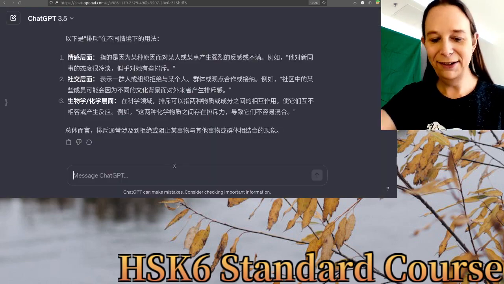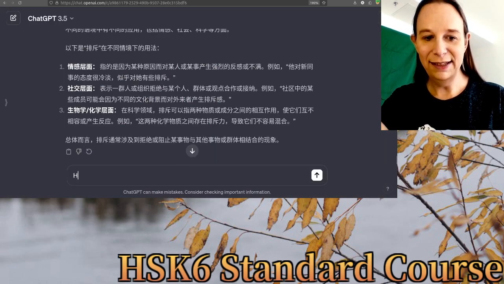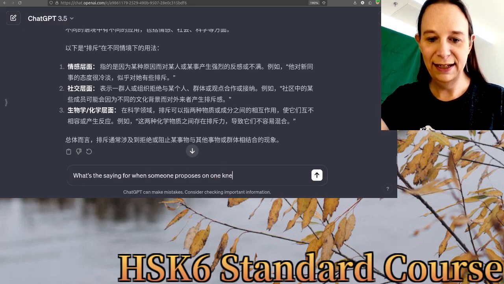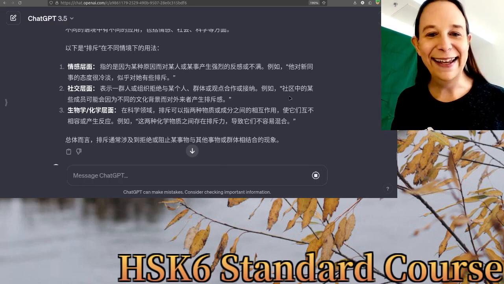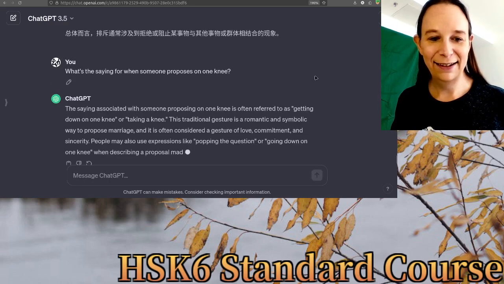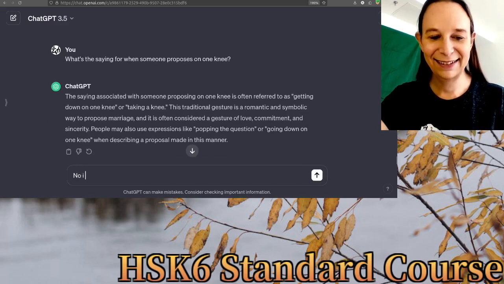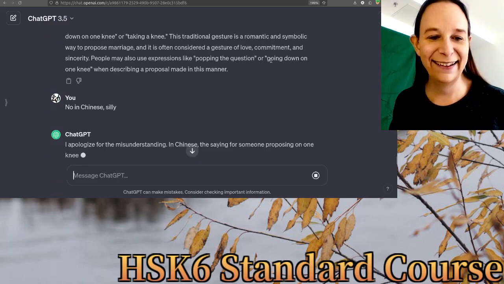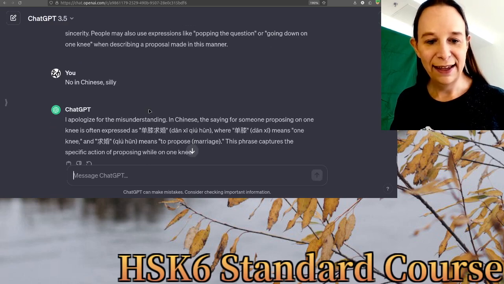All right, what's the saying for when someone proposes on one knee? Why is it one knee and not 2 knees? In Chinese... is it 单膝求婚?